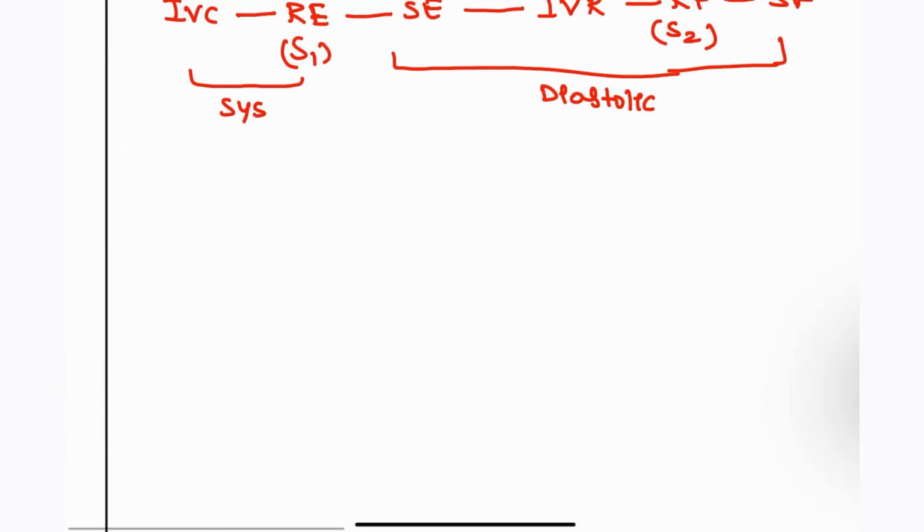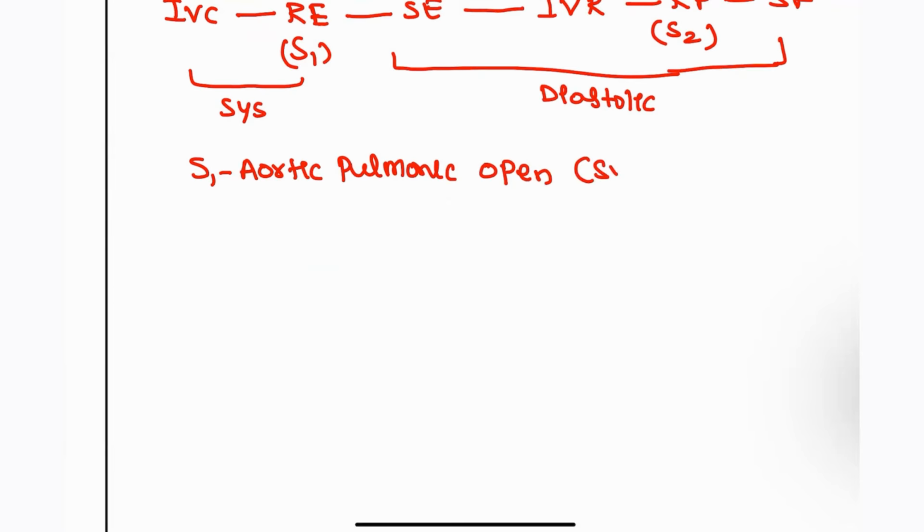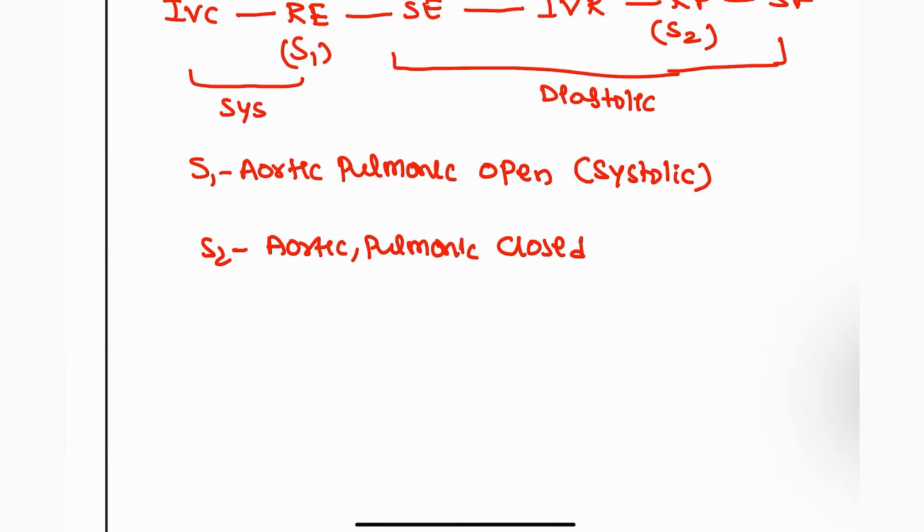So what is the cause of S1, guys? S1 is due to the closure of the mitral and tricuspid valves, when the aortic and pulmonic valves are open, in systolic. S2 is the sound caused when the aortic and pulmonic valves close. This happens in diastole.